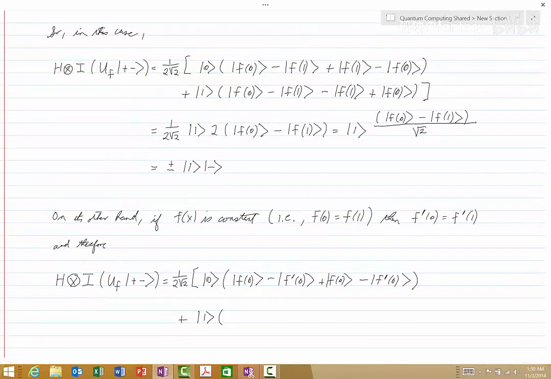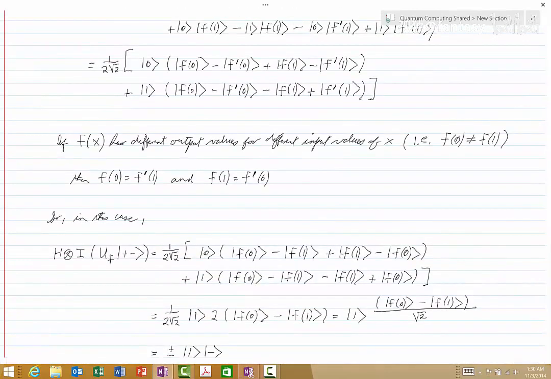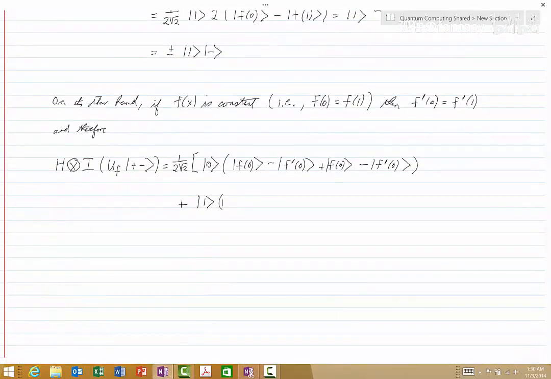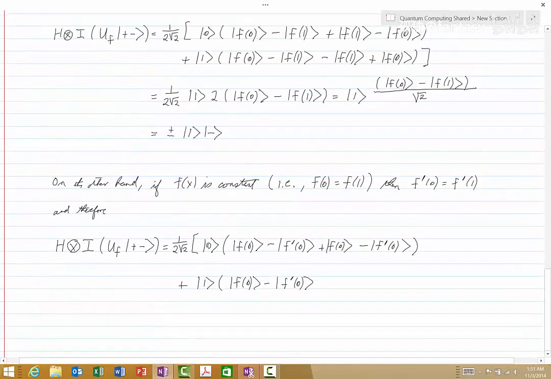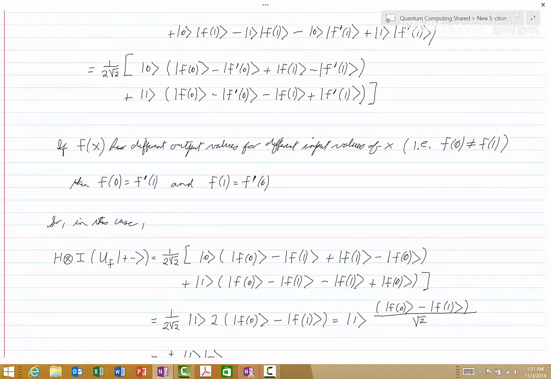And then for the next part of it, we have f of 0 minus f prime of 0. The first two terms here are exactly the same as the first two terms in the first parentheses. So we'll just have f of 0 minus f prime of 0. But the next two terms are both reversed from what we have in the first parentheses.